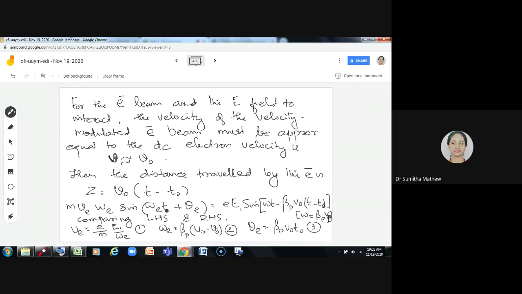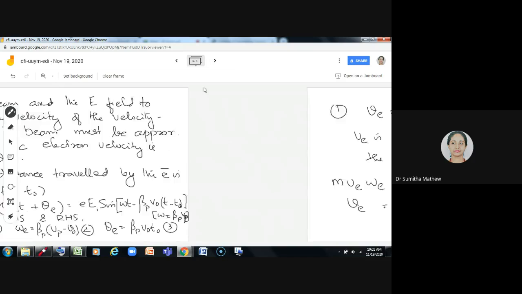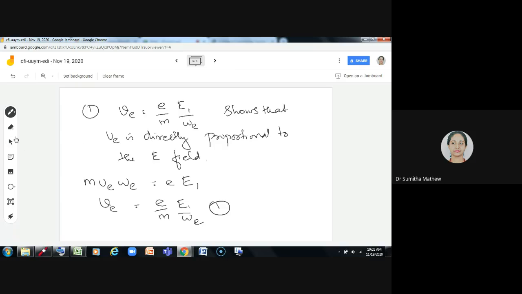So what do we get? omega_e t should be equal to, here you have omega t minus beta_p v naught t. First equation we have already got.